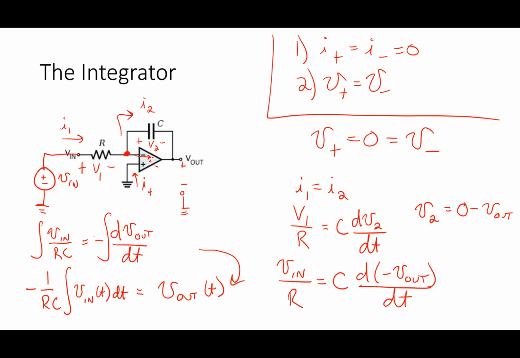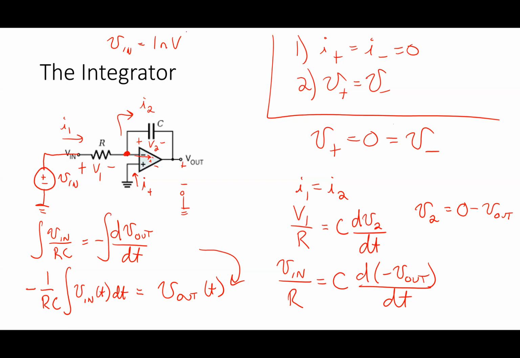Even the tiniest fraction of a DC value, a nanovolt, right? If I had the tiniest little fraction of DC there at V in, let's say V in was a constant 1 nanovolt DC, what would the output become? What's that?